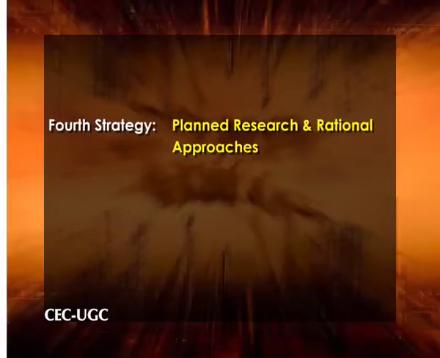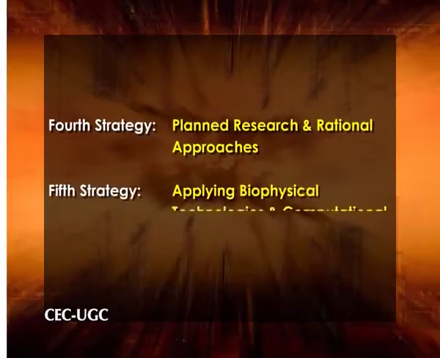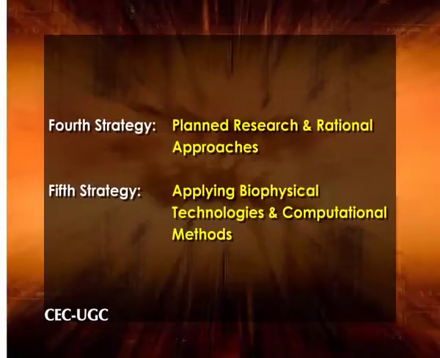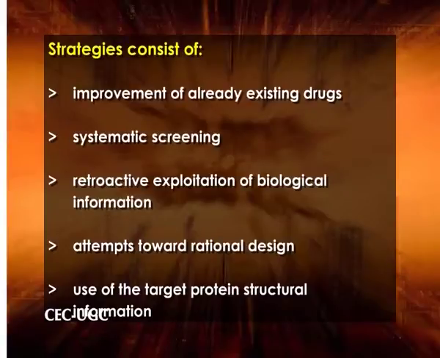Fourth strategy, planned research and rational approaches. Fifth strategy, applying biophysical technologies and computational methods. These consist of the improvement of already existing drugs, of systematic screening, of retroactive exploitation of biological information, of attempts towards rational design, and of the use of the target protein structural information.